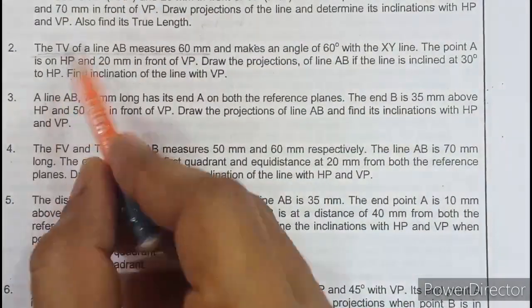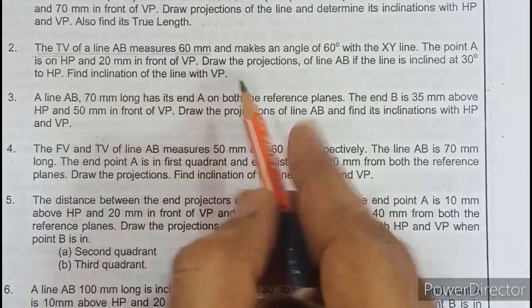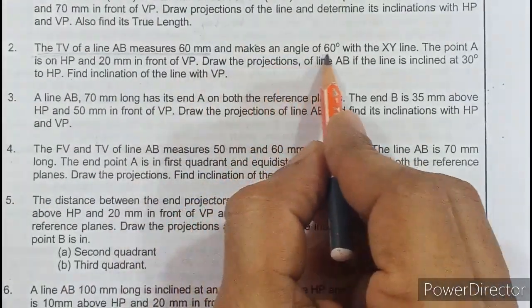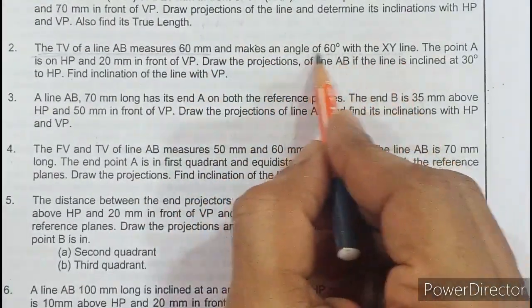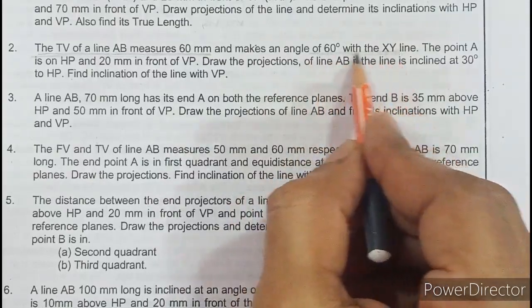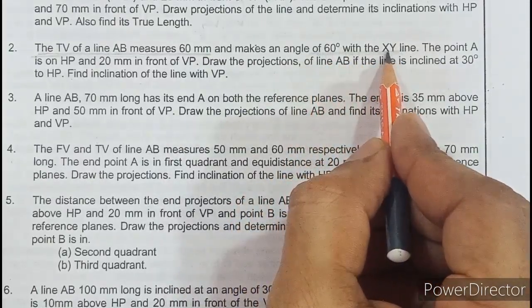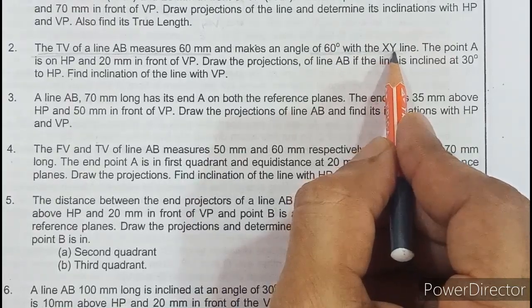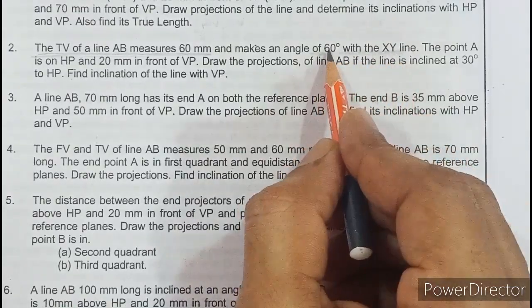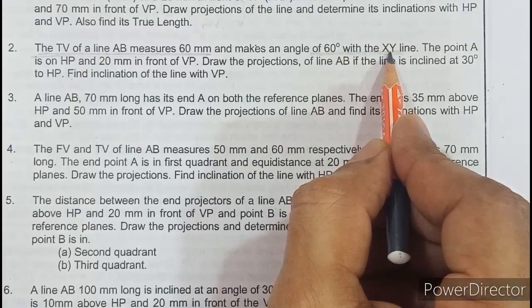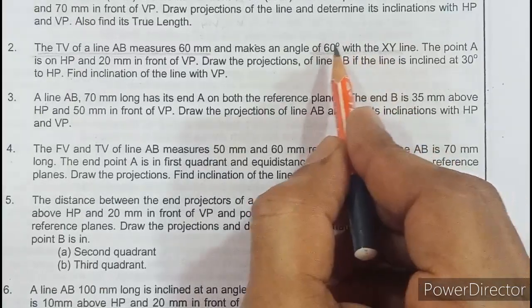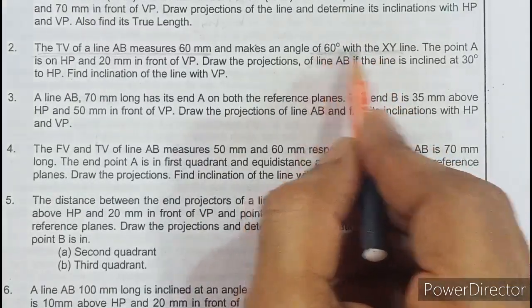So our first data is top view equal to 60 millimeter and makes an angle of 60 degree with xy. We know that true length always makes angle with HP or VP, but alpha or beta, which is the front view or top view, always makes angle with xy. So 60 degree with xy cannot be theta or phi, because theta is always with HP and phi is always with VP.